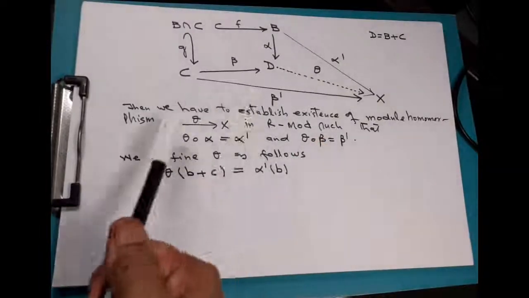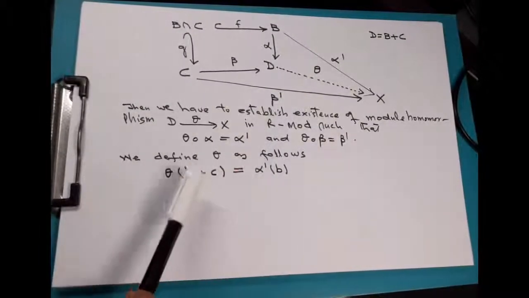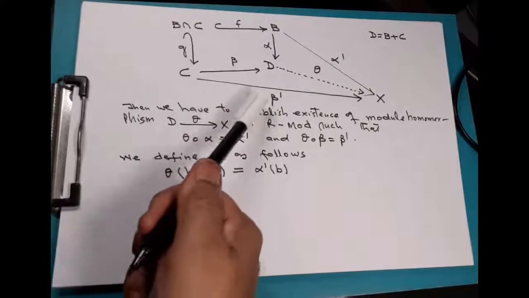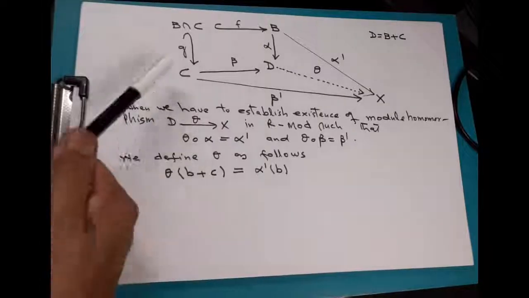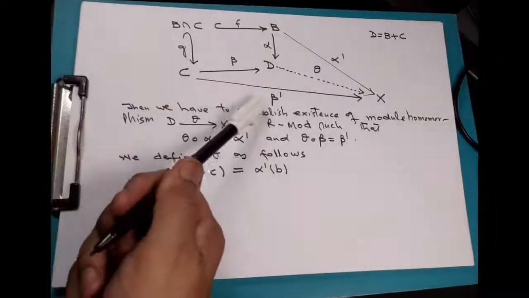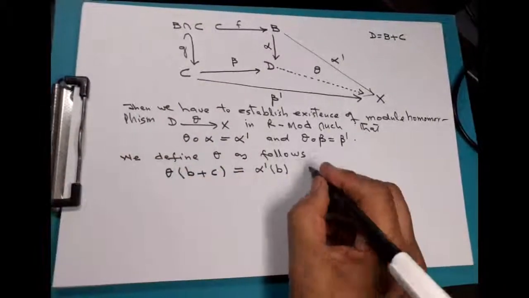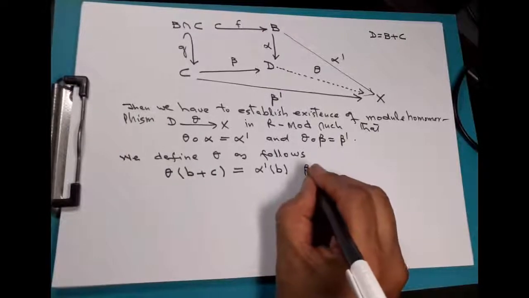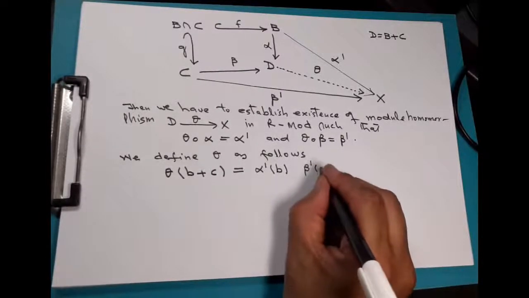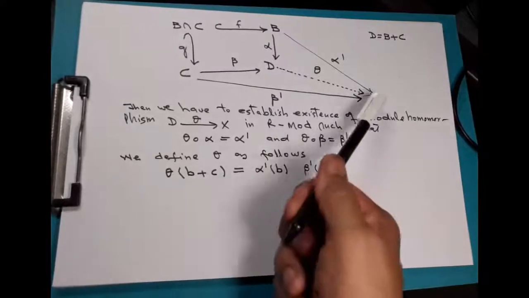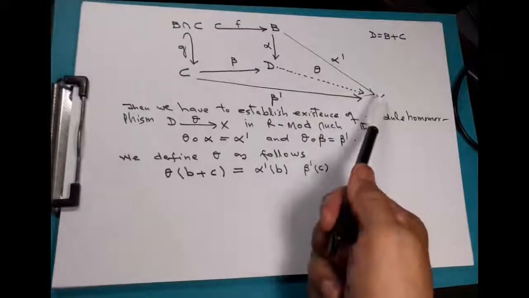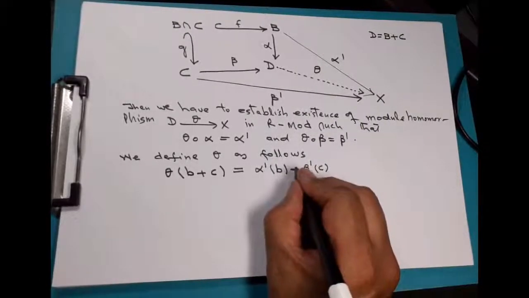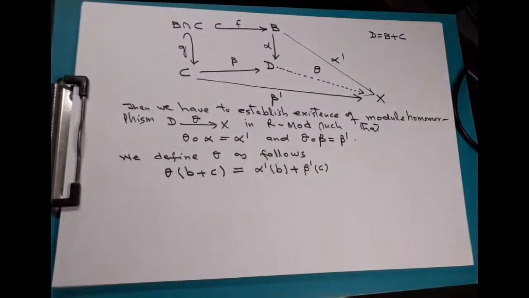And then we can see the effect of beta dash on c, because the domain of beta dash is capital C and this small c is an element of capital C. We can take the effect of beta dash on small c, and beta dash c is again in X. So both are elements of X, and we can add these two with each other. So this is the way we define theta.